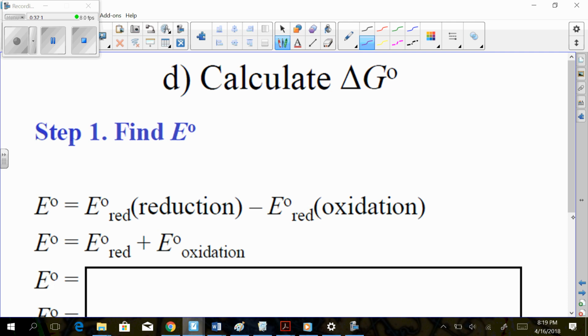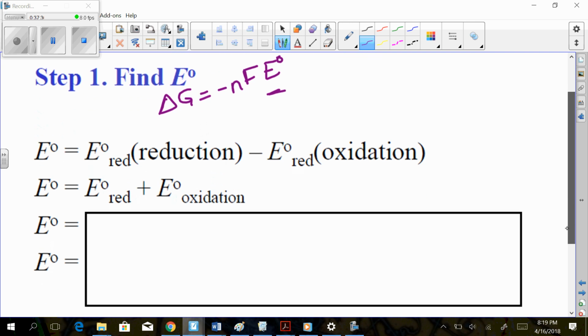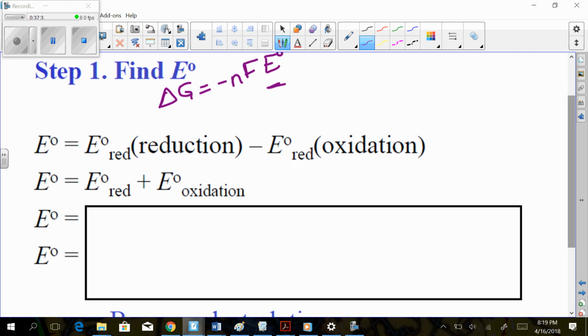If we want to find delta G, the first step to finding delta G, we need to do negative nFE, which is on your equation sheet. To do that, the first thing we want to find is E naught. The E naught cell is the reduction potential plus the oxidation potential.